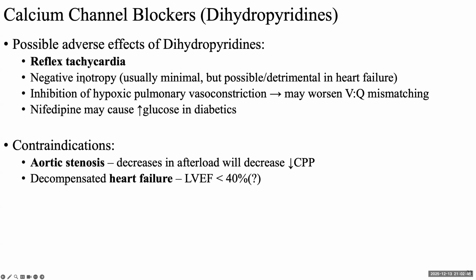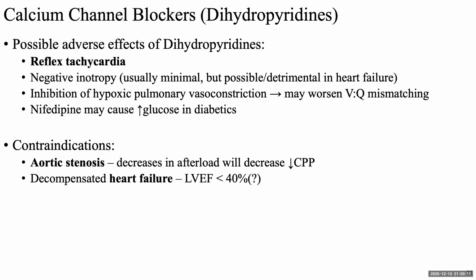There's also inhibition of hypoxic pulmonary vasoconstriction. So again, there's that possibility of worsening VQ mismatch and decreasing our arterial oxygen. And nifedipine, interestingly, might actually cause an increased glucose in diabetics. So just a weird quirk with that particular drug.